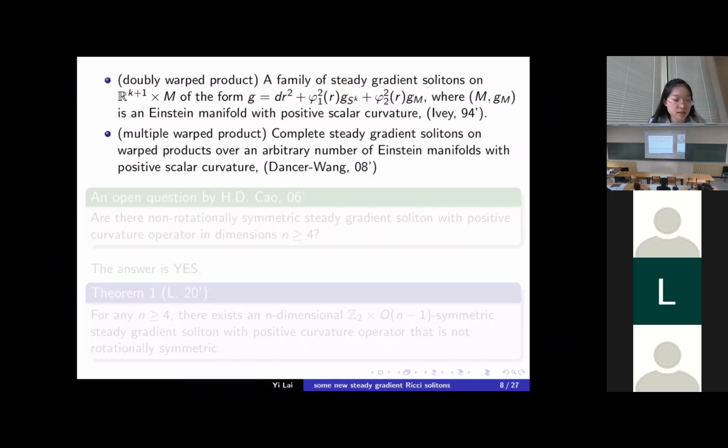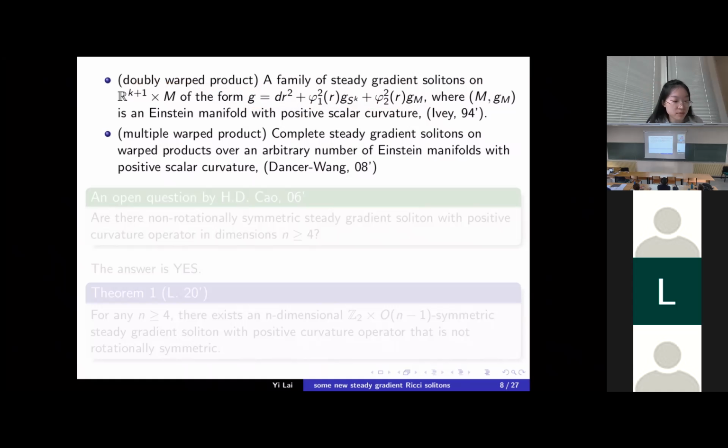And then you take another warping factor, which is an Einstein manifold with positive scalar curvature. Now, by some computation using the soliton equation, you can find some proper phi1 and phi2 such that the metric of this form satisfies the static gradient soliton equation. This can be done by solving some ODEs. Okay, so this is the static gradient soliton which is a doubly warped product.